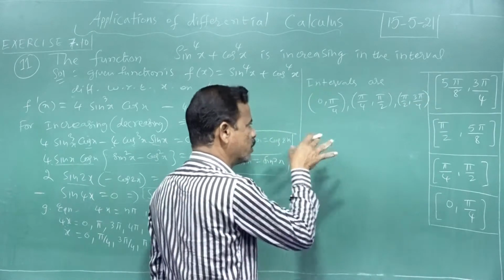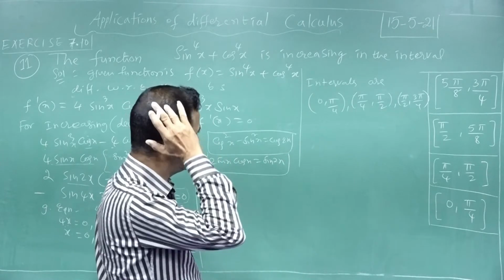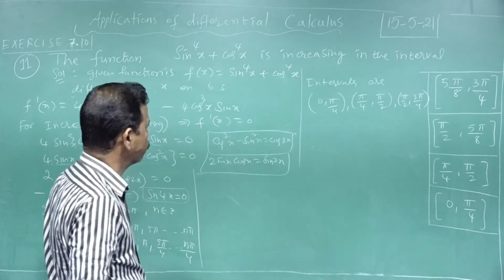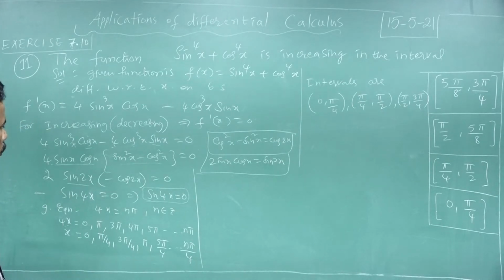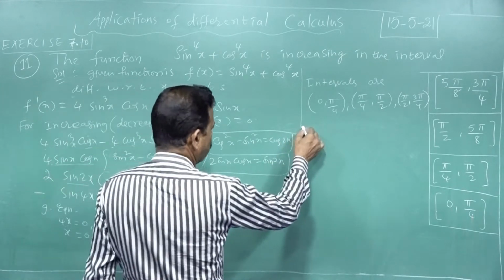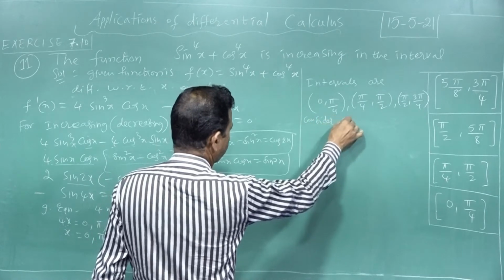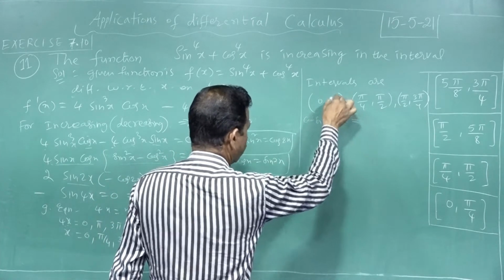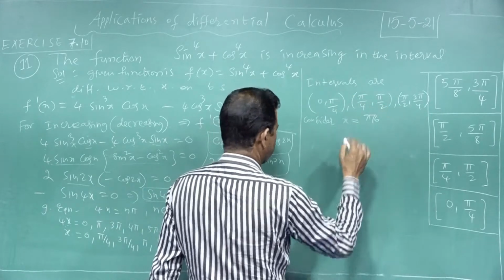So we check in these intervals whether the given function is increasing or decreasing. Consider x equal to, between 30 degrees, π/6.